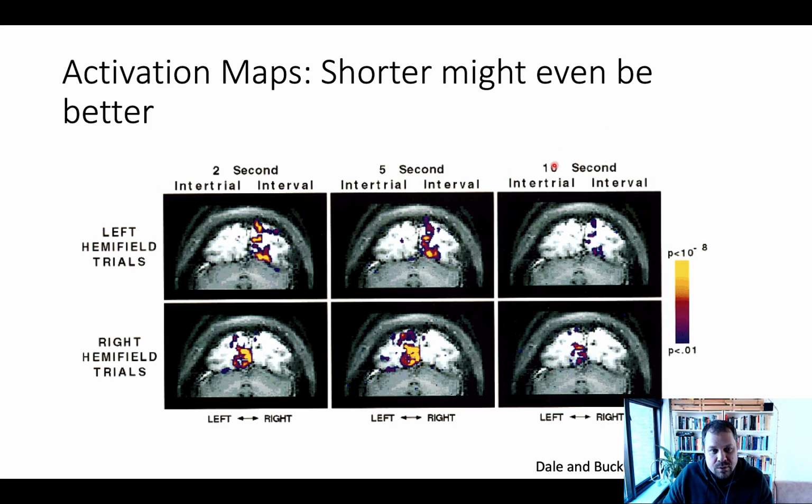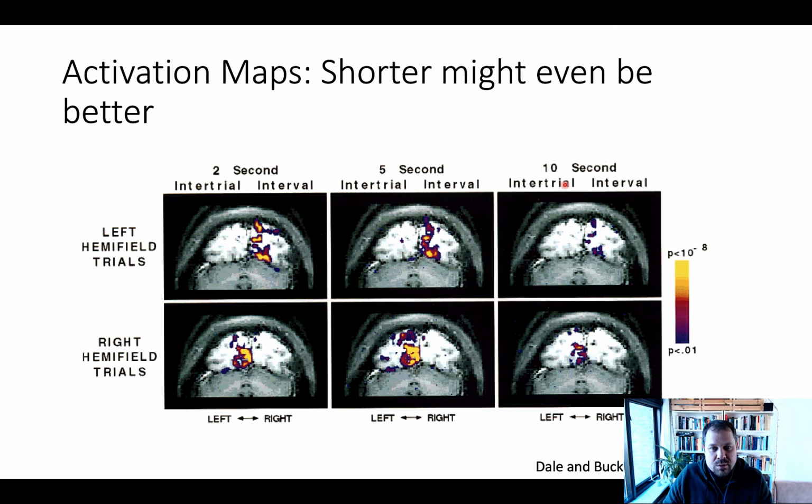They randomized when they presented these checkerboards, which were presented for about 1 second, and then they had a 2-second, a 5-second, or a 10-second intertrial interval. And together with random presentation, it turns out that having just a 2-second interval leads to the largest activation relative to, especially, the 10-second interval. The reason for this is that you have a lot more trials to work with in a 2-second period. So when you average the signal, you end up with better signal in the end. Having a larger number of trials is advantageous for both signal and statistical maps, especially compared to something that is slower.